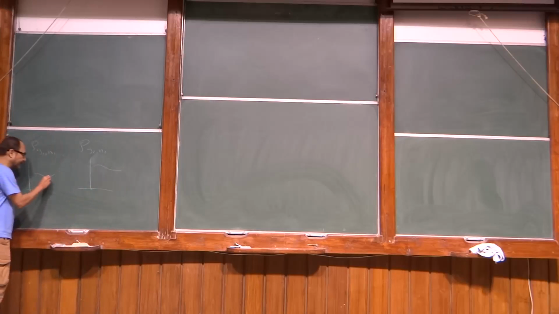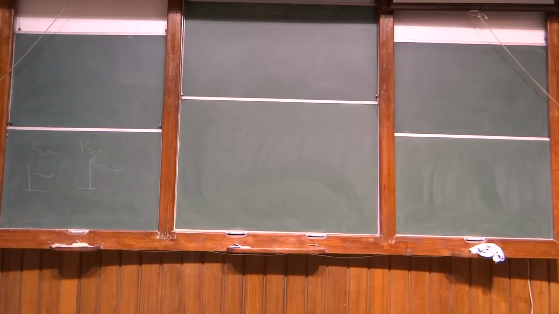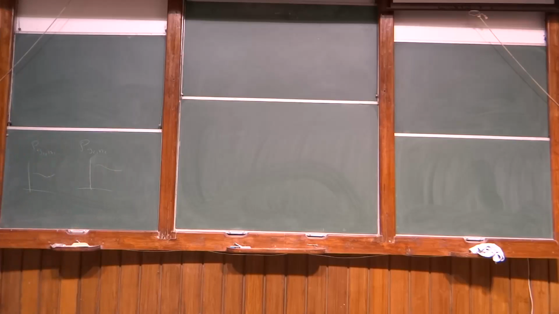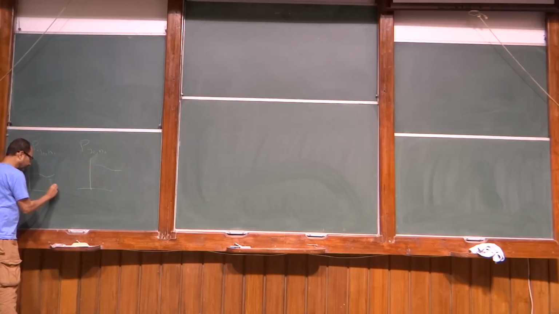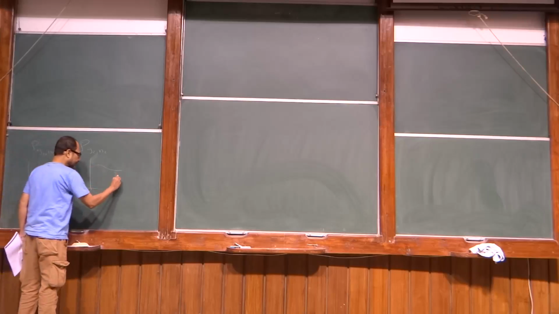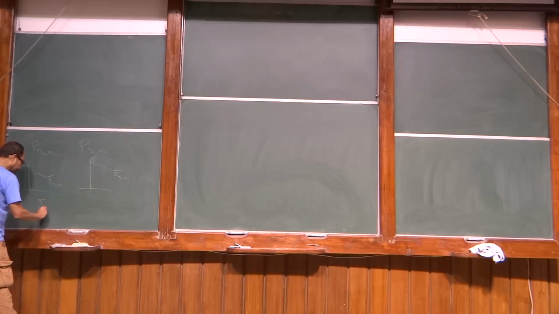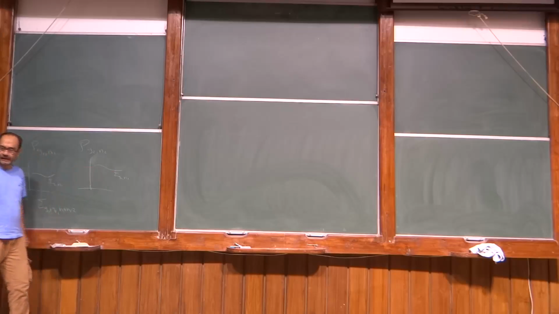Given a Riemann surface of genus G1 with N1 punctures and another Riemann surface of genus G2 with N2 punctures, there is a notion by which you can glue them together. So this is sigma G1 N1 and this is sigma G2 N2. We can glue them together to produce a new Riemann surface of genus G1 plus G2 and N1 plus N2 minus 2 punctures. Two punctures go away because we cut out small disks around each puncture and then glue them together by the appropriate identification.